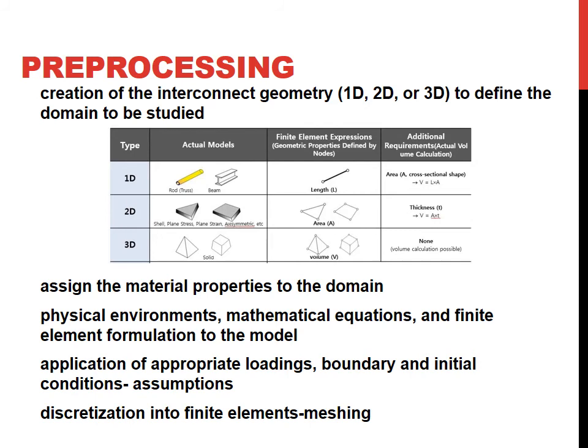Let's say one domain has one material, and then another domain which is connected, so it cannot be a space in between domains, has another material B. We also need to define the physical environment and the mathematical equations of the models, and then apply the appropriate loadings, boundary and initial conditions, and also the assumptions to simplify the simulations.